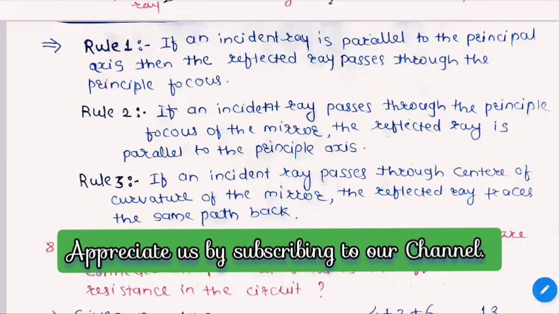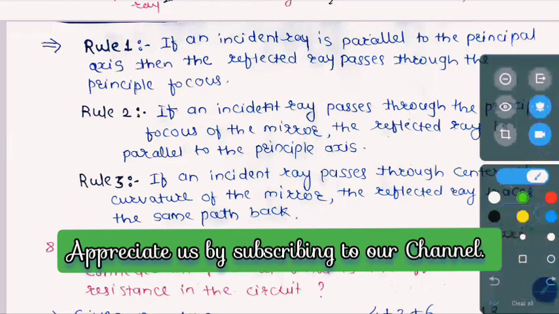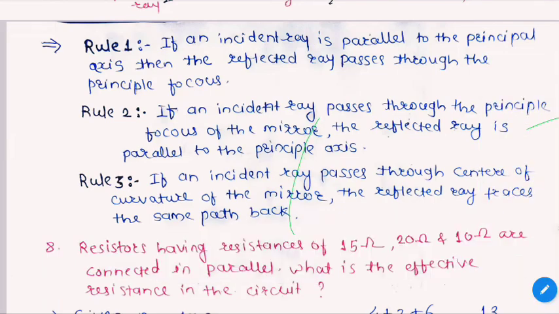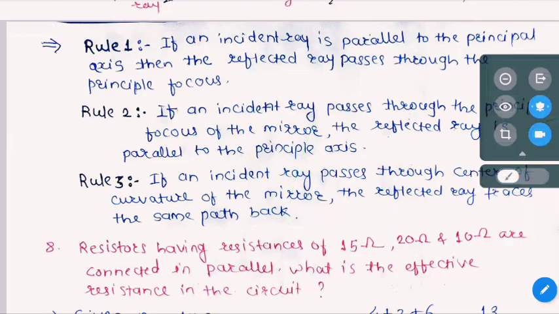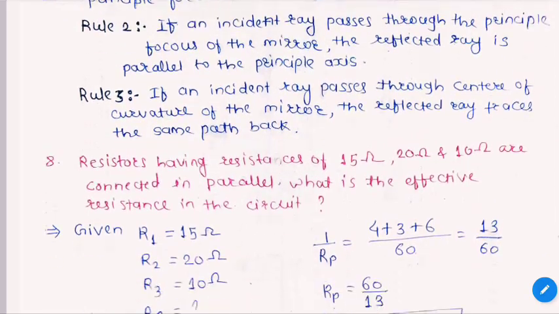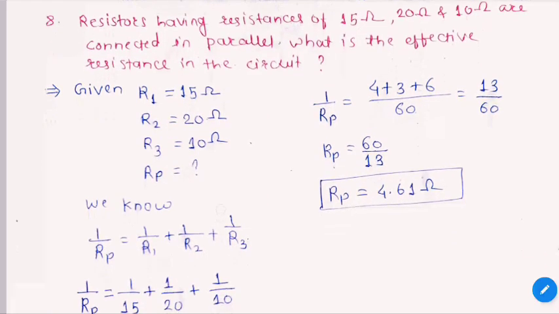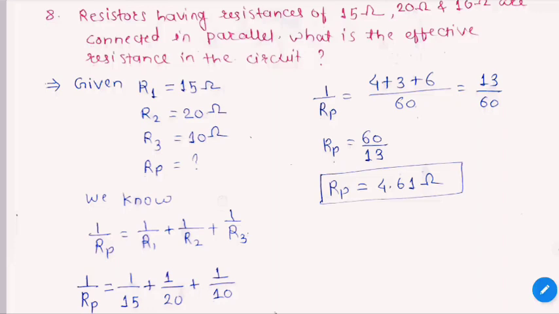Now the last question. Here one numerical is given. Resistors having resistances of 15 ohm, 20 ohm, and 10 ohm are connected in parallel.